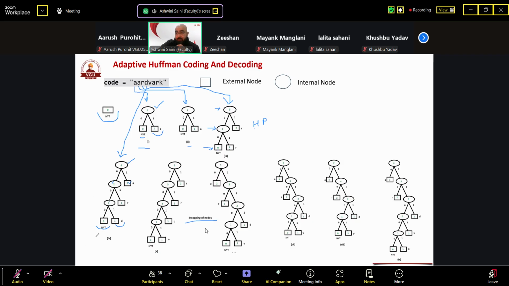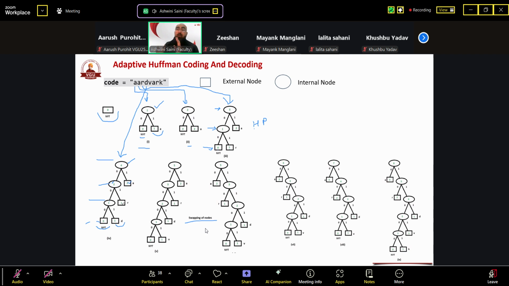After adding, we are checking the Huffman property. From left to right, it is in ascending order at each level. Level means here also, here also, here also, here also. So we are checking from the bottom, 0 and 1 in ascending order. Yes. We have 1 and 1 in ascending order.